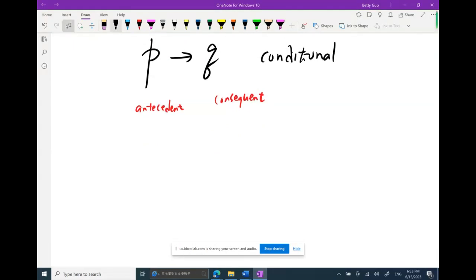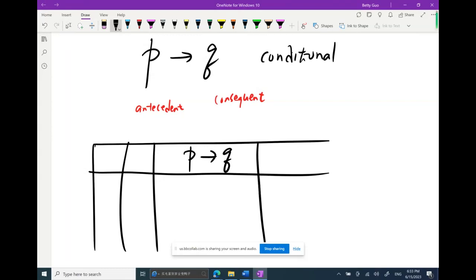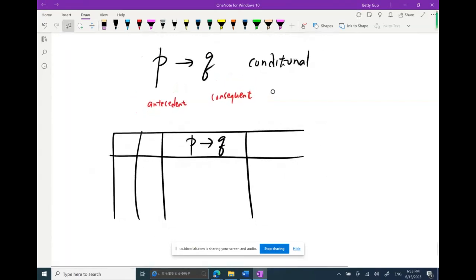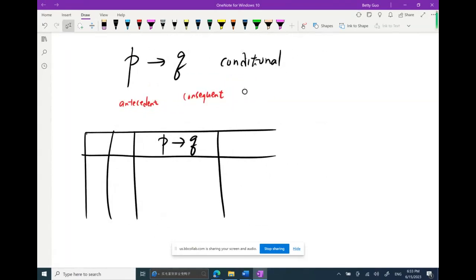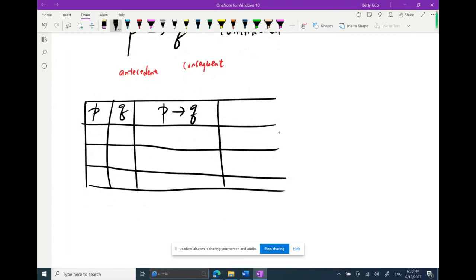So now I'm going to explain the truth table for P implies Q. P implies Q has two components, two simple statements, P and Q. So the first two columns are going to be P and Q, followed by the four cases. That's bad.